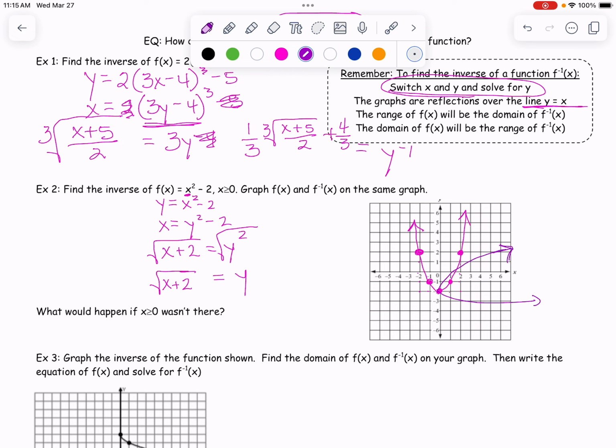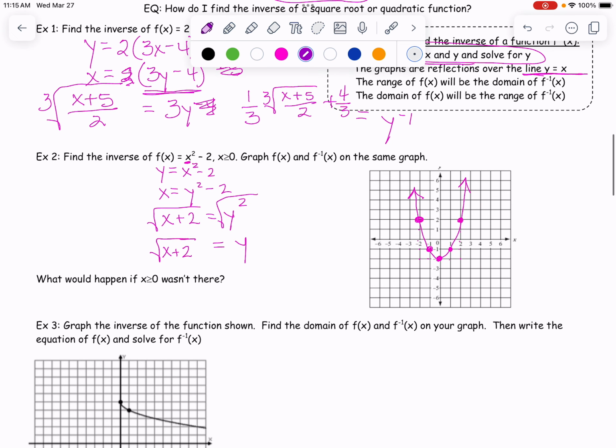And that's not a function. It does not pass the vertical line test. But if I restrict it and only look at half of it, then my inverse is going to be a function.